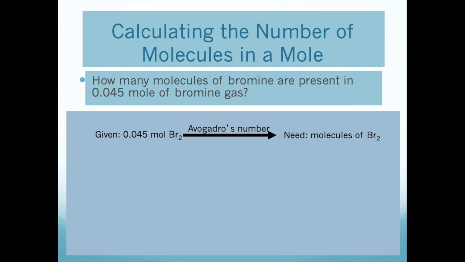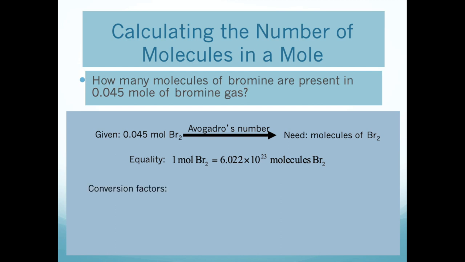So remember, the conversion factor that ties this together is Avogadro's number. That tells us how many things are in a mole. All right, and in this case, the things we're trying to get is molecules of bromine. Okay, so we know that 1 mole of bromine is Avogadro's number of molecules of bromine, the number of particles in this case, right? So we can get 2 conversion factors from this.